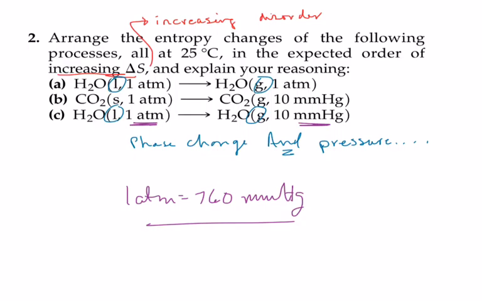So what happens if it decreases in pressure? What happens to its entropy? It's less chaotic? No. I think it'd be more chaotic, because it goes from a pressure of 1 atmosphere to being sparse.